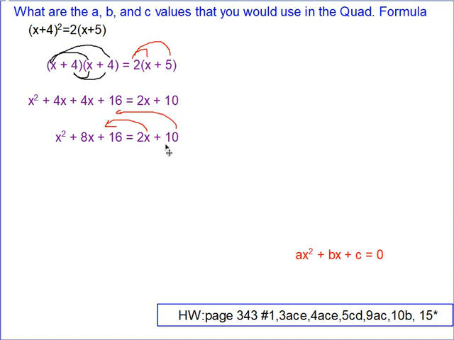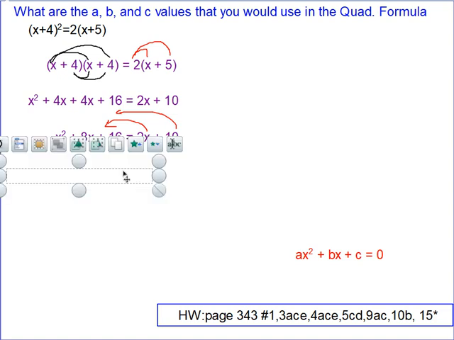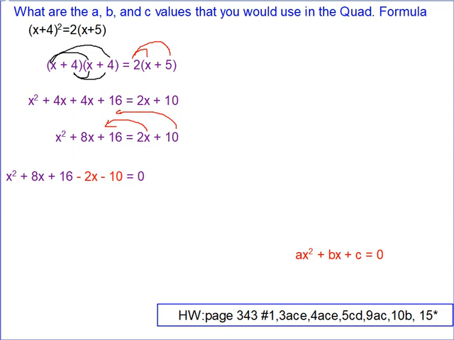And what happens is they change their sign from a positive 2x to a negative 2x, from a positive 10 to a negative 10, right? And I highlighted them in red just to say, hey, look what happened here. They didn't magically just come to the other side of the equation. No, they didn't. They actually had to change their sign when they do that. But some students might say, oh, okay, take away 2x from both sides and take away 10 from both sides, which is really what's going on here. This is just kind of a little shortcut.